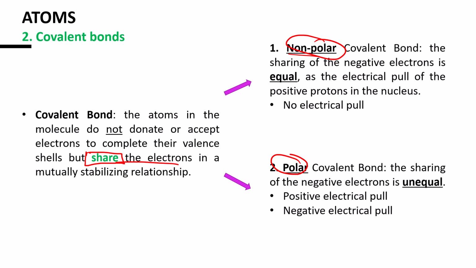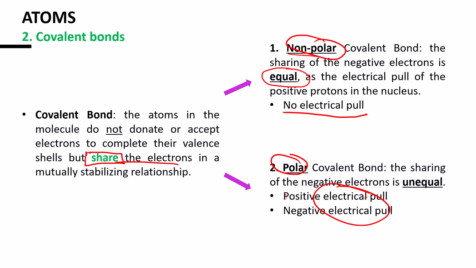So all the electrons will be equally shared, and the whole molecule will not have an electrical pull. Everything will be equalized, right? So there is no electrical pull in the nonpolar, and there's going to be a positive or negative electrical pull in the polar covalent bonds.